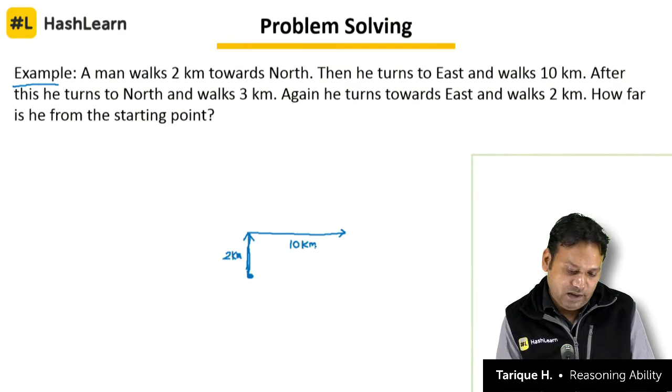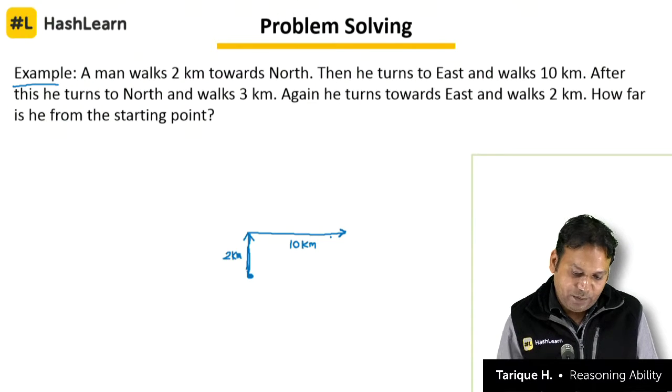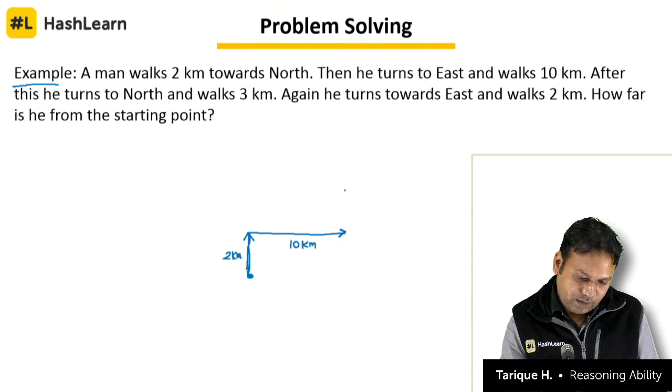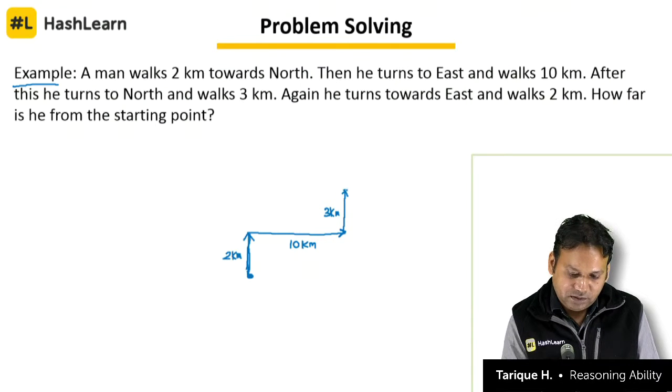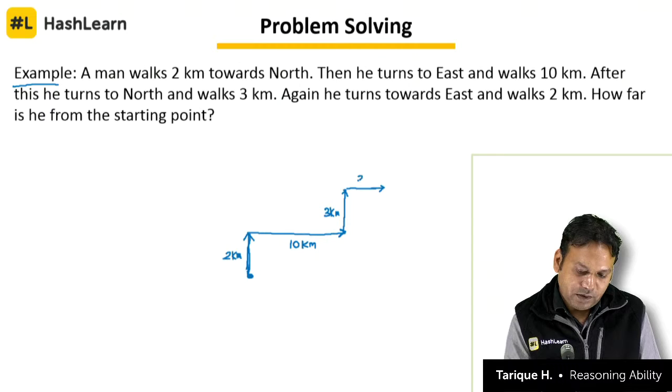It's not drawn to scale, just a rough diagram. After this he turns north and walks 3 kilometers. Again he turns east and walks 2 kilometers.